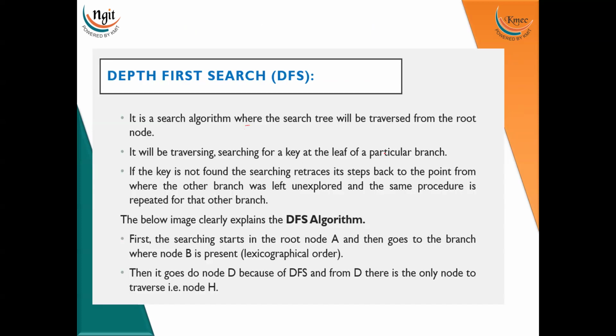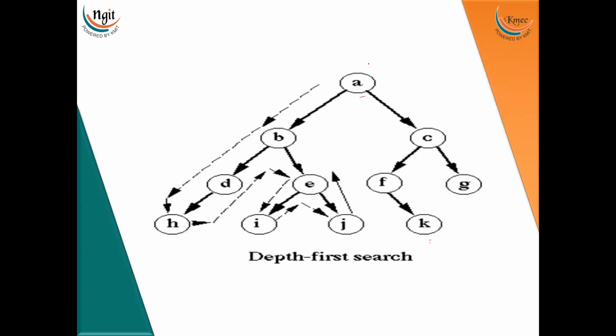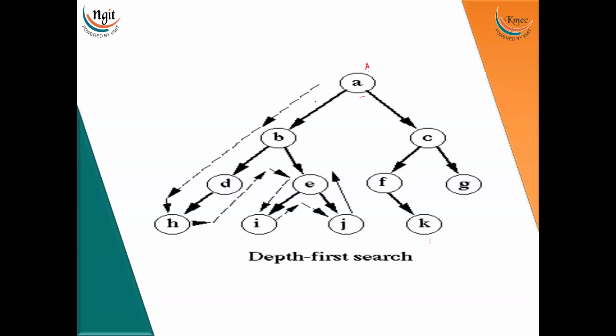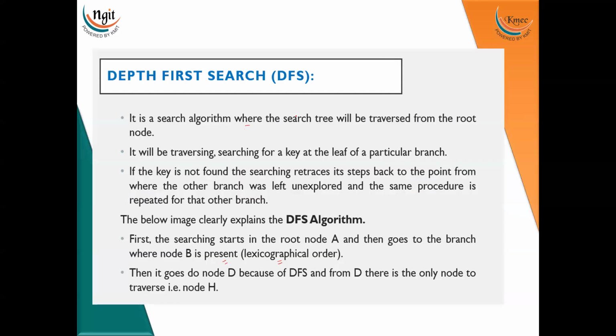Here, the search starts from the root node A, because this is the initial state or start state, and then goes to the branch where node B is present. Here we follow lexicographical order, that is, alphabetical order. That's why from A, it will definitely traverse to node B.